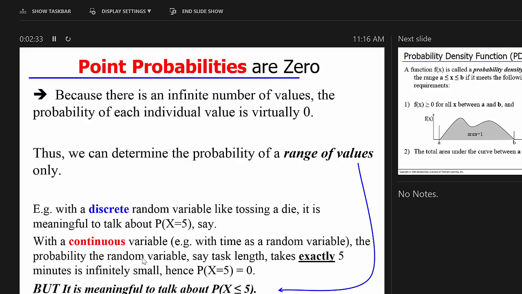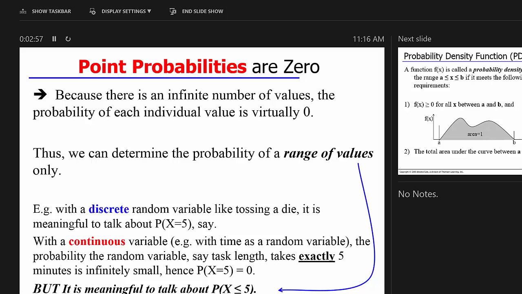The likelihood of this event is 0, because time can be measured with infinite accuracy. The likelihood that it's going to take exactly 60 seconds, not more, not less, will probably never happen. It will get very close to 60 seconds, but you will never see exactly 60 seconds with infinite accuracy. The likelihood of that is 0.